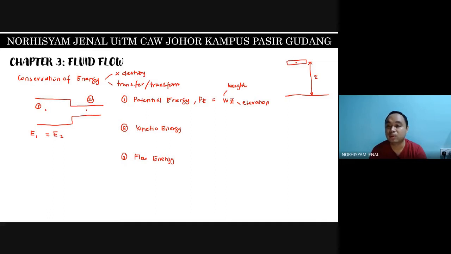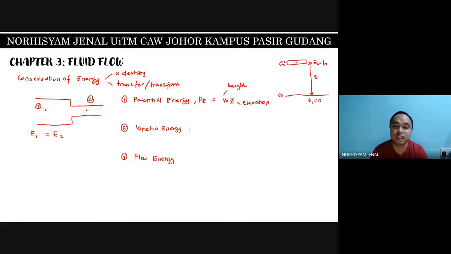If this is the base of the study, we can assume Z1 over here should equal 0. And if this is the second point, we can get Z2 equal to a certain number, for example, H. So that will be the elevation.